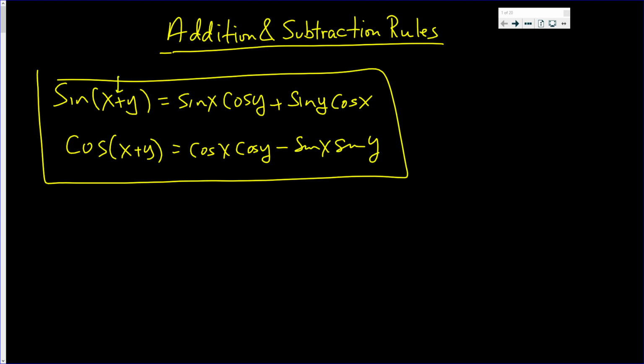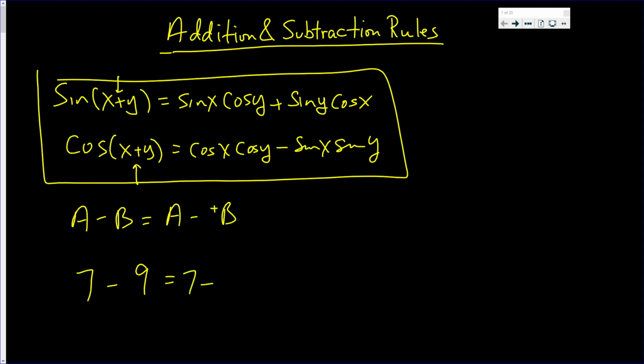Now, there's two more that we could talk about. What if that plus sign was our minus sign? Now, if you have a minus b, like 7 minus 9, so this means 7 minus positive b.